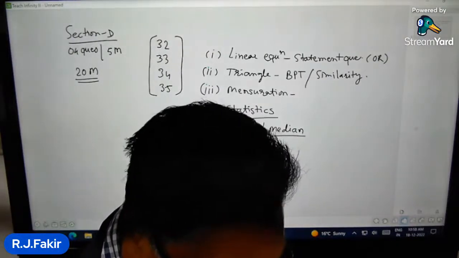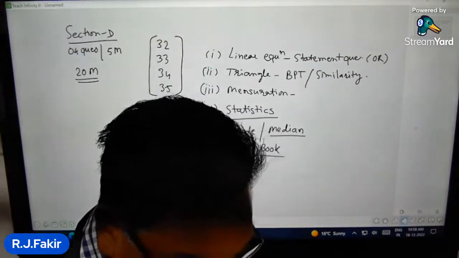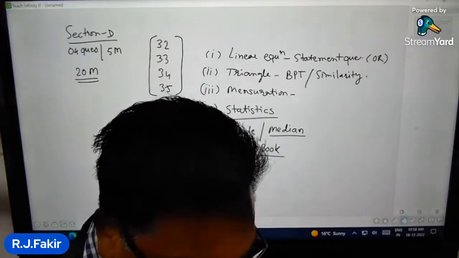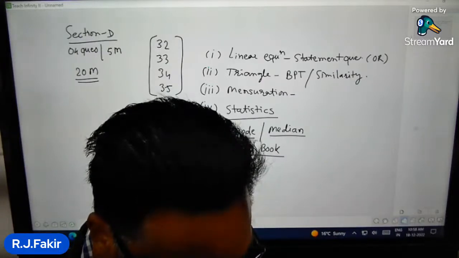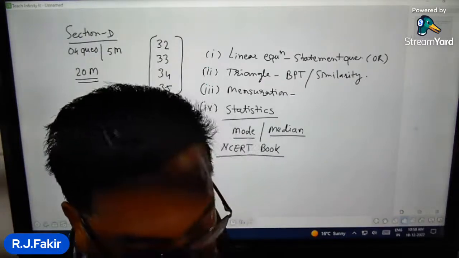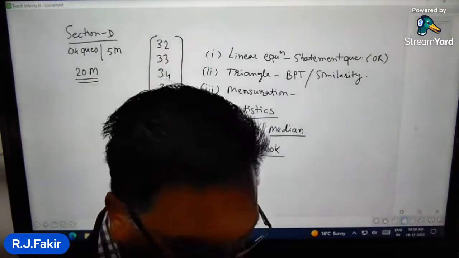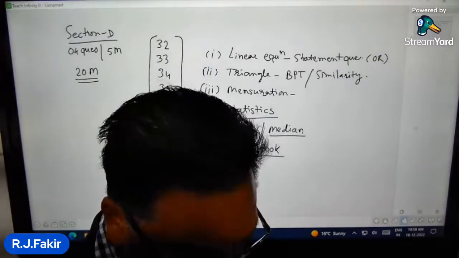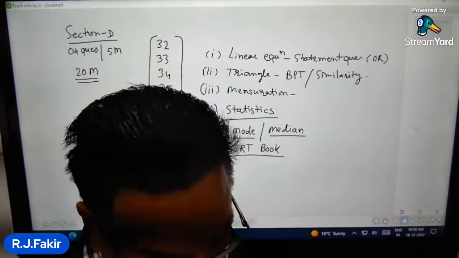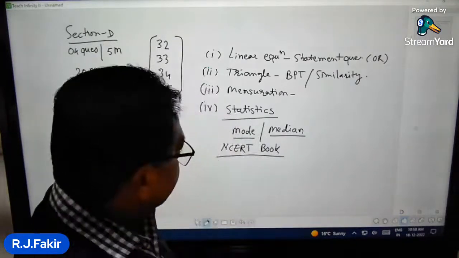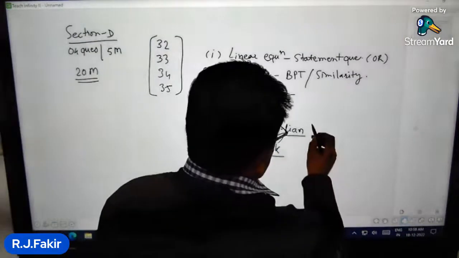For example, for median, you have this formula: L plus bracket capital N by 2 minus CF upon f bracket complete into h. So you just remember this one, and for mode also remember the formula which is given in the NCERT book.